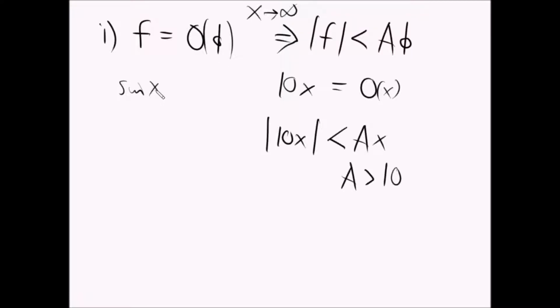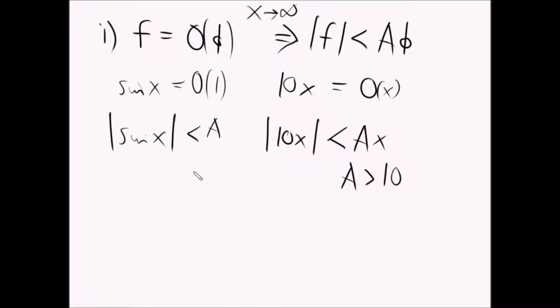So sine of x is big O of 1, because obviously sine of x oscillates between -1 and 1 and all values in between, so the absolute value of sine x is always less than or equal to 1. If we multiply 1 by some constant a, we just get a.